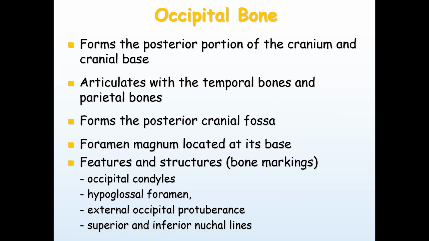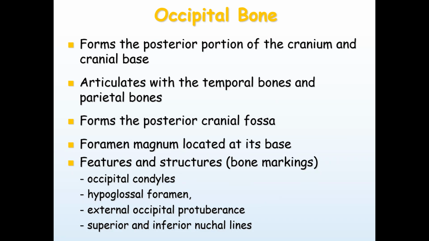So the bones at the top and the bones at the side are all going to meet the occipital bone towards the back. It forms the posterior cranial fossa, as well as the foramen magnum. And I mentioned to you, the foramen magnum is the biggest hole you'll find, and it's at the base of the skull, right? And so it runs essentially through the occipital bone.